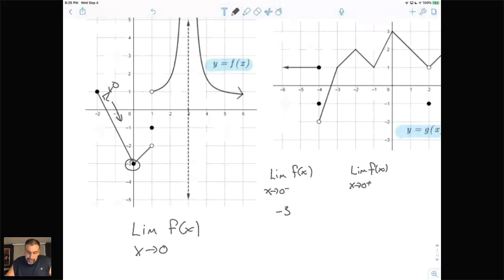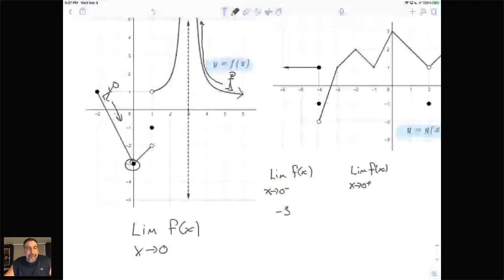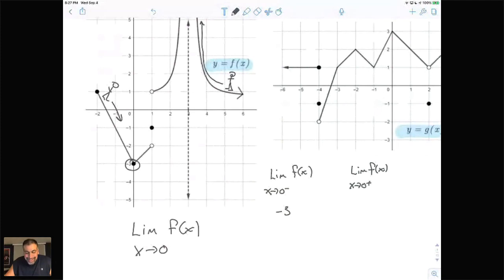Now, this is where some people get a little mixed up, and this is why I chose to show you this problem. If you're approaching 0 from the right, you might think, well, I'm going to put my walker all the way over here, and as he starts walking, what's going to happen? Well, he's going to get hung up on that vertical asymptote. So you might be thinking, well, he's never going to get to 0. He's just going to keep going. Here's the idea.